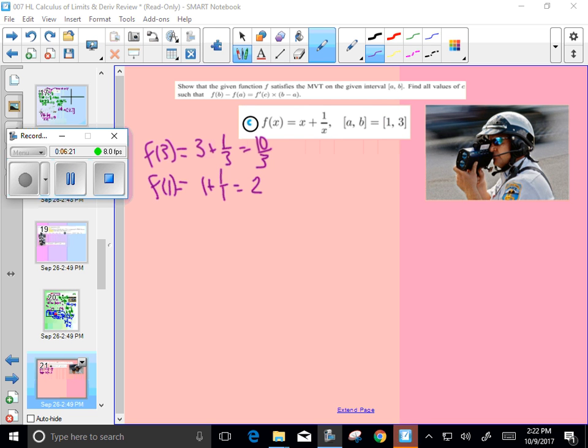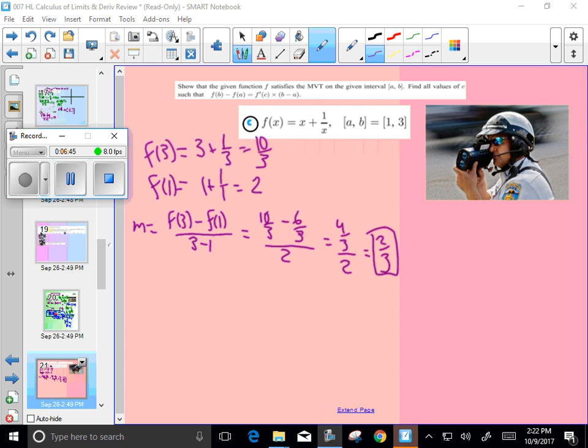So you need to find the slope first. f of 3 minus f of 1 over 3 minus 1, which is just 10/3 minus 2, which is 6/3, all over 2. I get 2/3 for that. That's what I get for a slope.